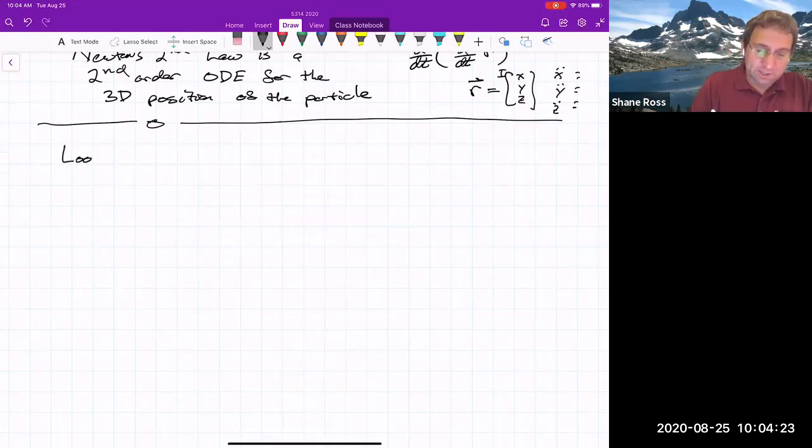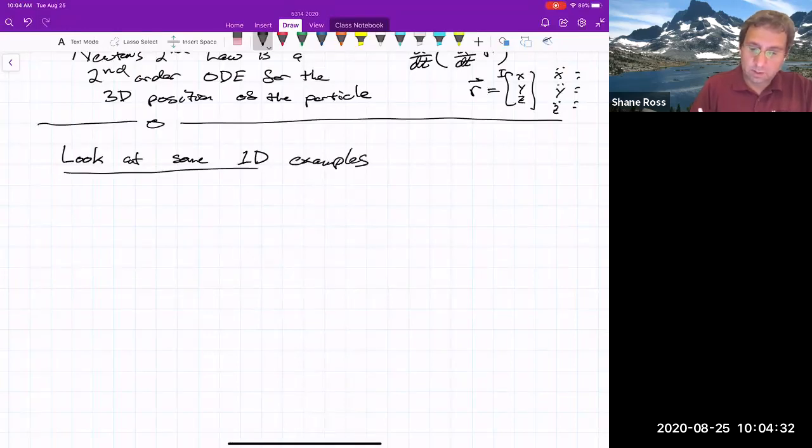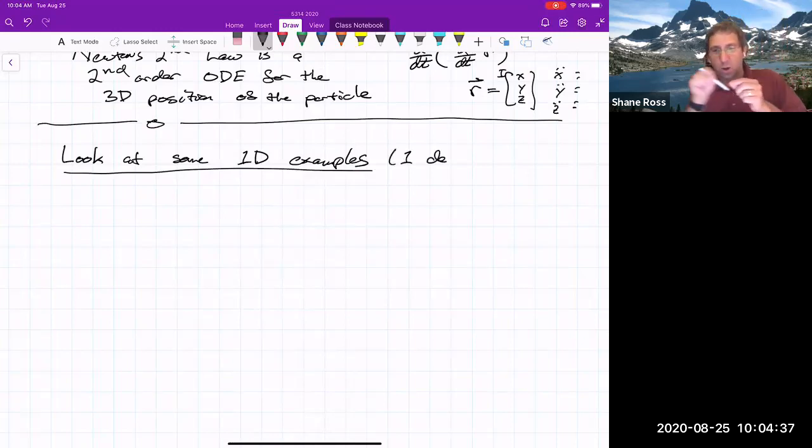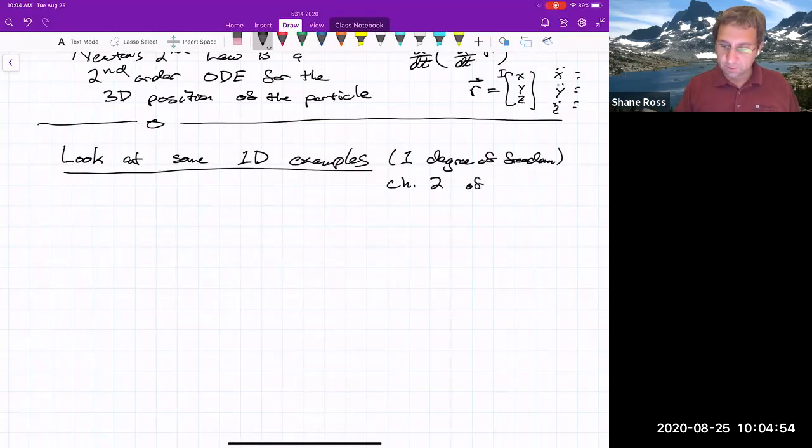Okay, so let's look at some 1D examples. What do I mean by that? I mean, we're just looking at motion in one direction. I'll use this phrase, 1 degree of freedom. And this is all from chapter 2 of the textbook, which I'll just call K and P right now.